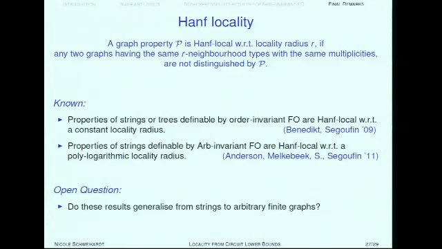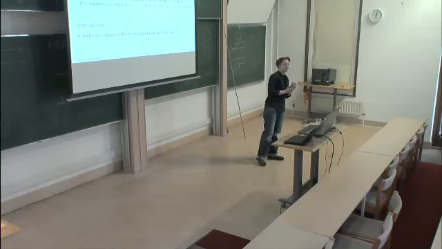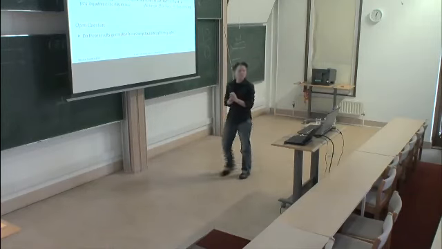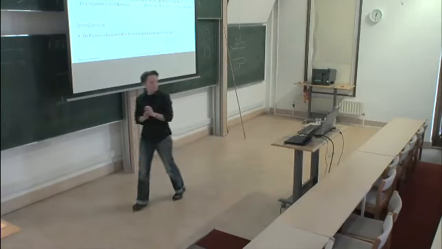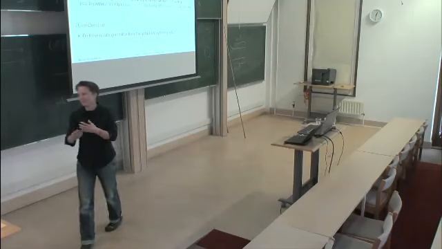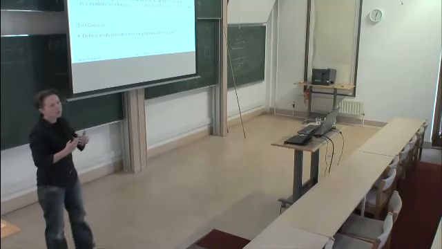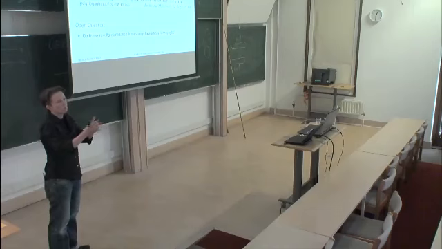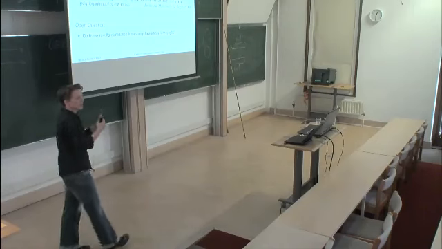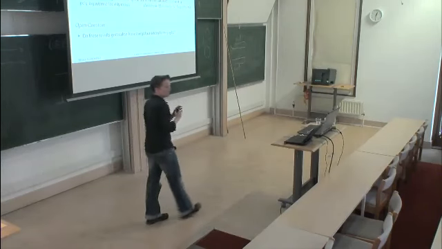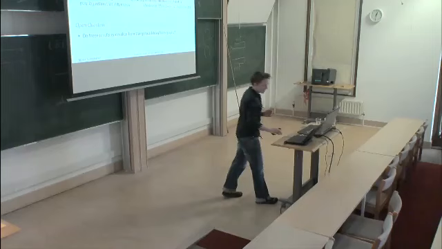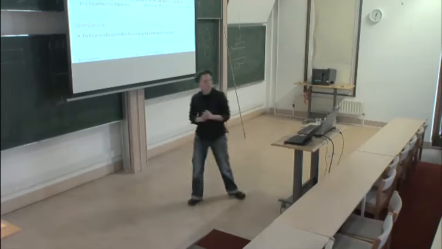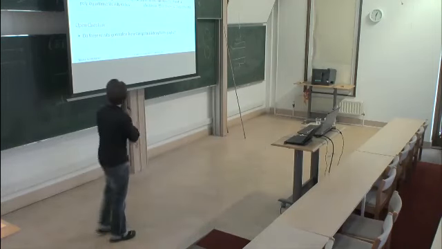We believe that it's true for trees just the same, but admittedly we were too lazy to check all the details. We believe you can transfer the methods from strings to trees, but at some point you will have to get essentially new ideas. So we thought somebody else should check these details, if at all.